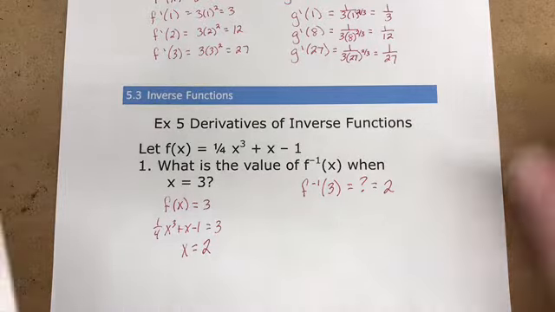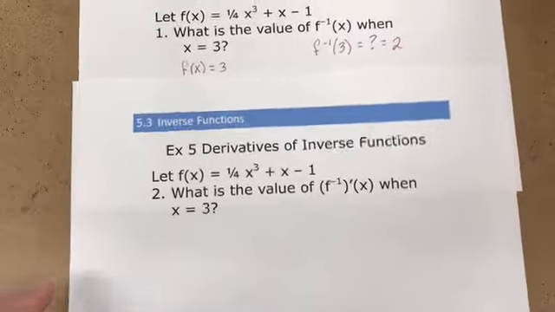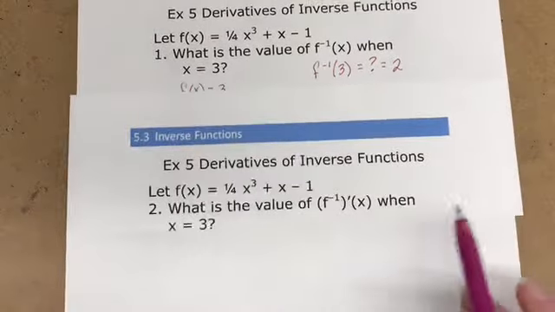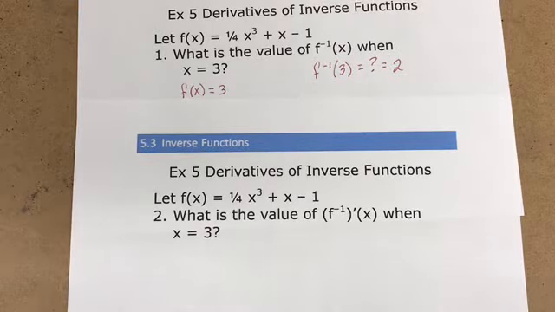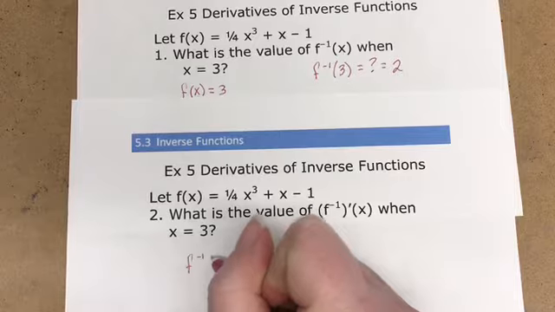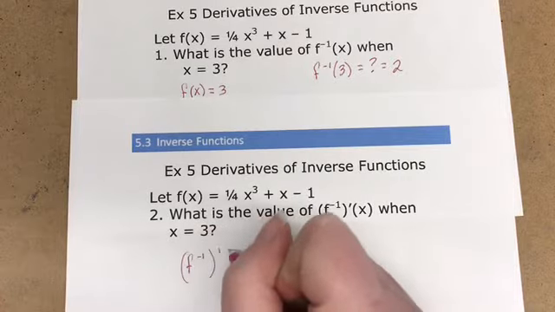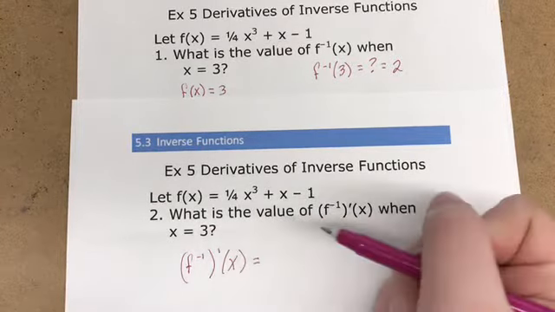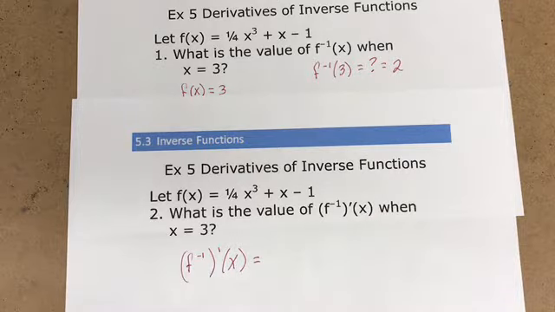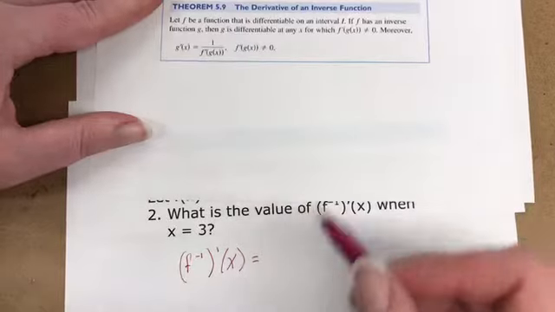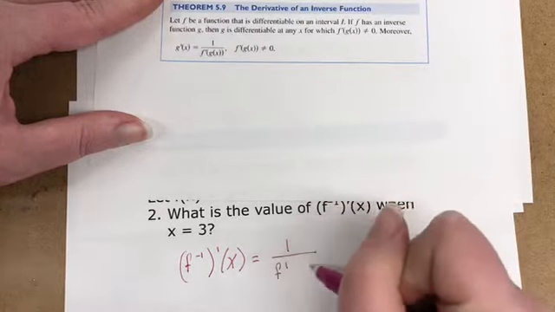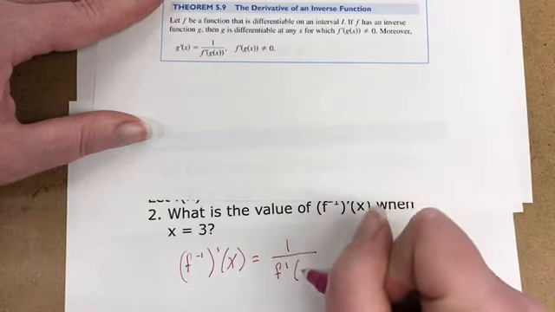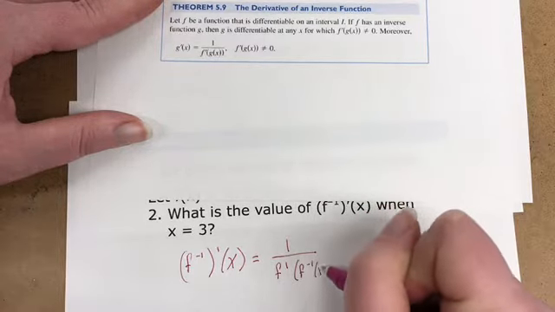So then for part B, it wants us to find the value of f inverse prime of x when x equals 3. So remember, f inverse prime of x, according to our derivative here, is 1 over f prime of g of x, remember they use g of x instead of f inverse of x.